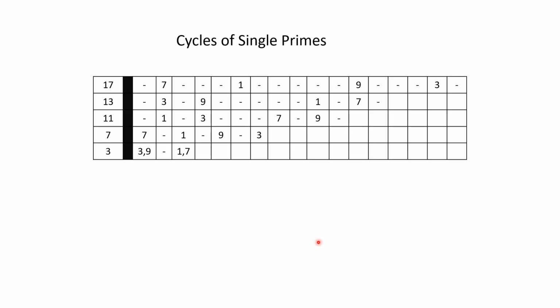So the merging cycle, the cycle that merges with the main cycle, will always have 4 numbers in its boxes. All the rest will be empty boxes. You see how as we go up, we have more empty boxes in the cycle of the next prime number.